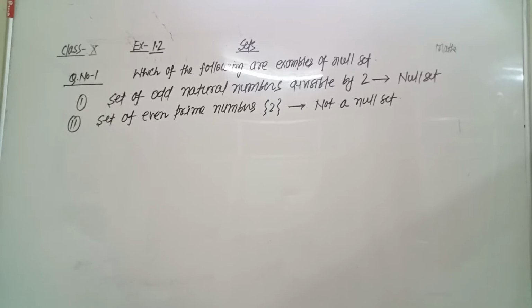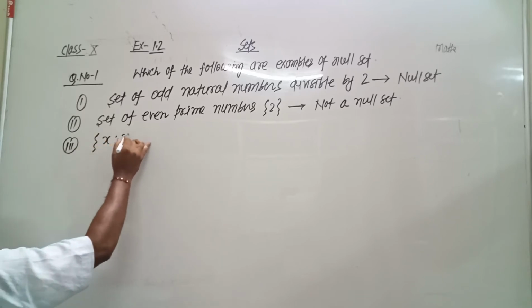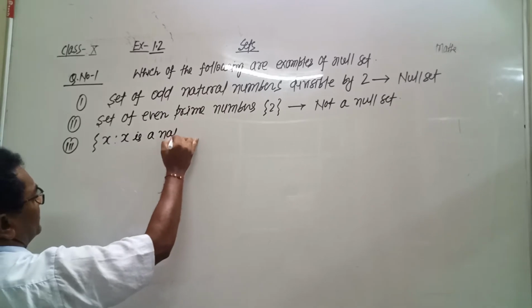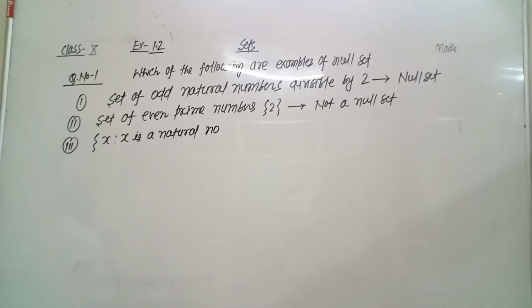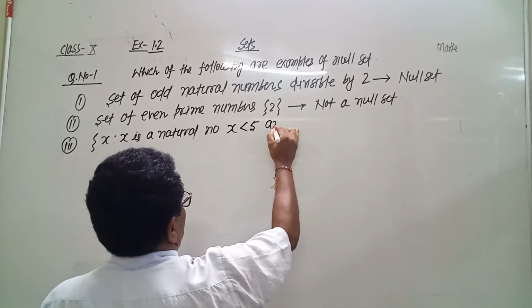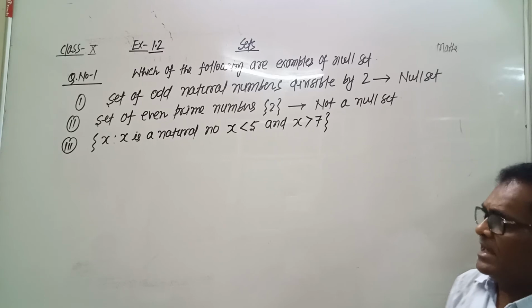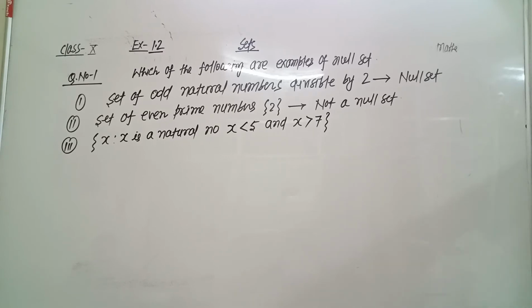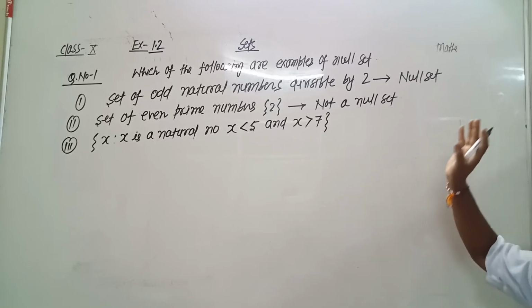Then x such that x is a natural number where x is less than 5 and x is greater than 7. 5 से छोटा और 7 से greater. ऐसा कोई natural number possible ही नहीं. 5 से तो less 4, 3, 2, 1 और 7 से greater 8, 9, 10.